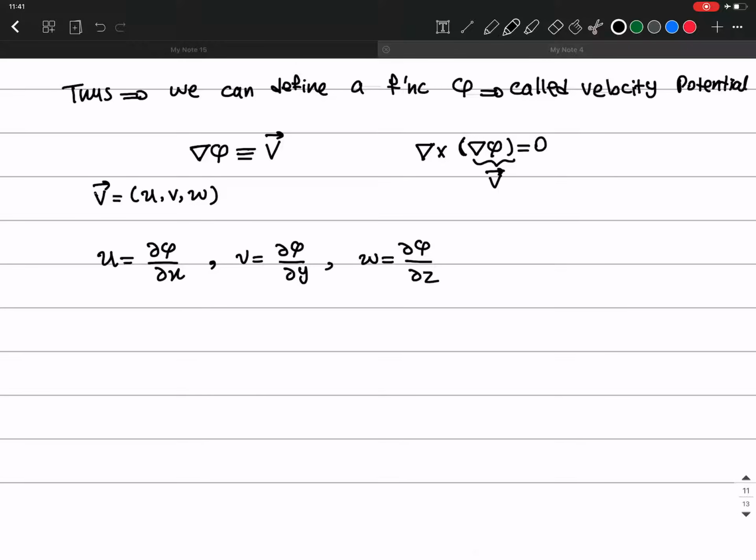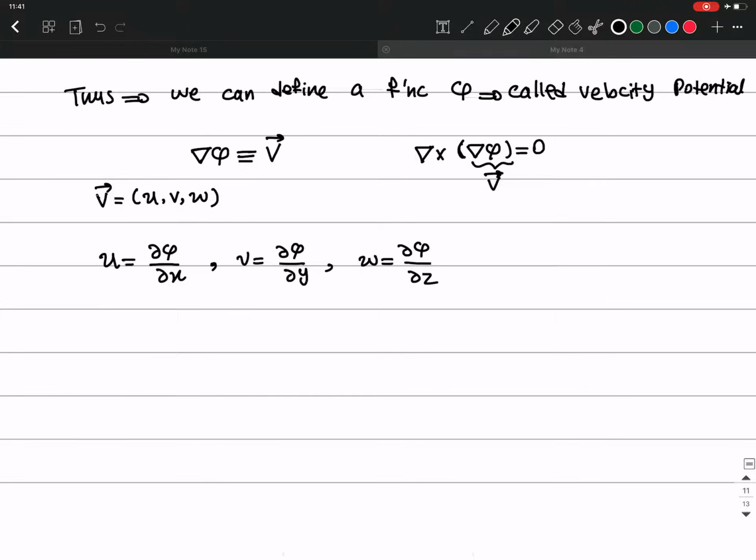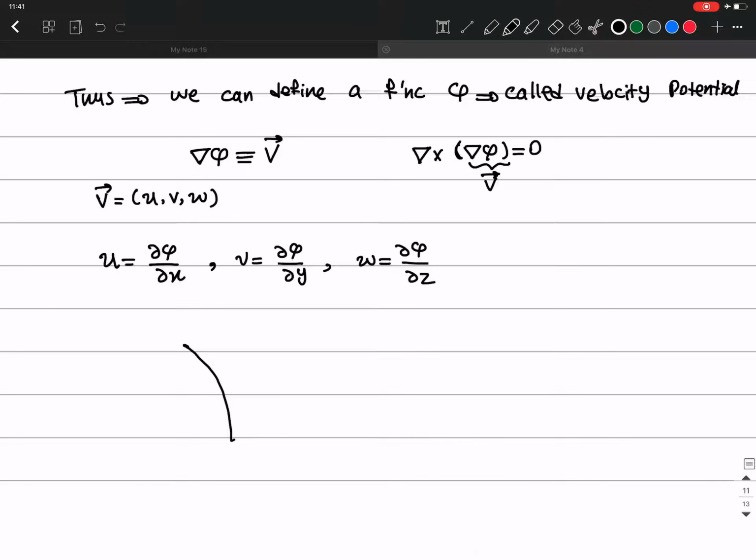Say we have these velocity potentials here: phi 4, phi 3, phi 2, phi 1. Phi 4 is greater than phi 3, which is greater than phi 2, and phi 1 is the smallest one here, for constant phi.